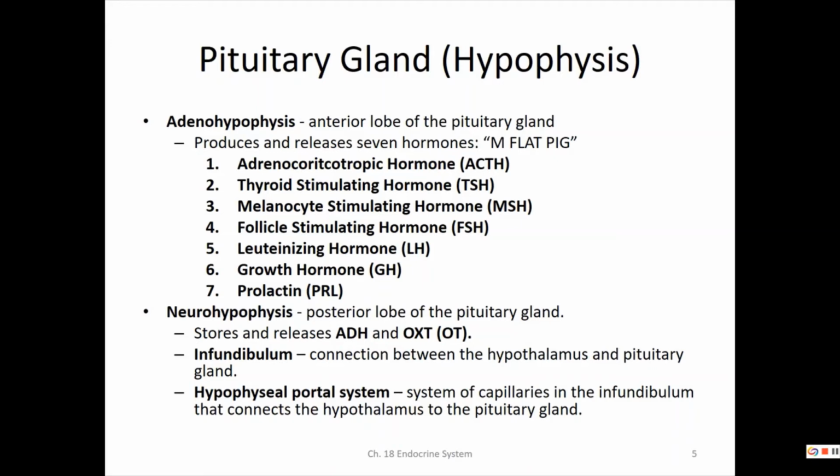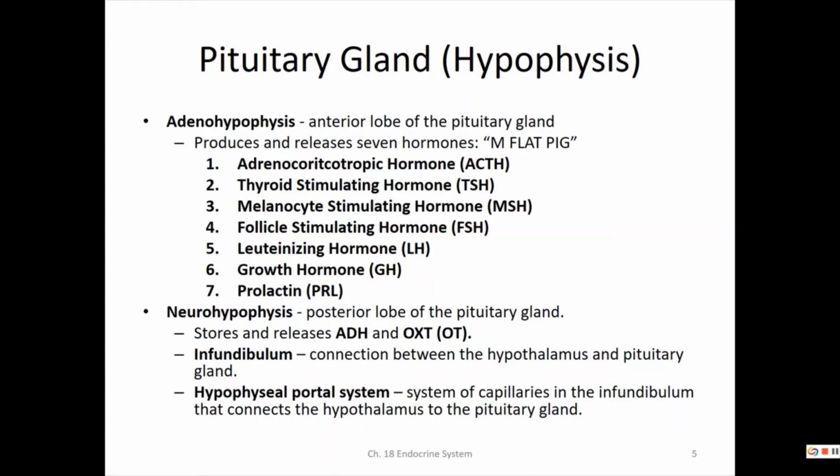Now, in lecture, I talked about that. Here in the lab, our lab structure sheets don't really go into that as much as I will in the lecture, but these are capillaries that connect. So you have a capillary connection and a physical connection. Infundibulum allows the neurons to pass in. Hypophyseal portal system allows hormones, releasing hormones, to go into your anterior lobe.